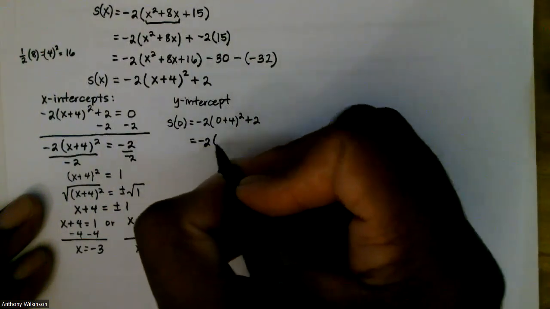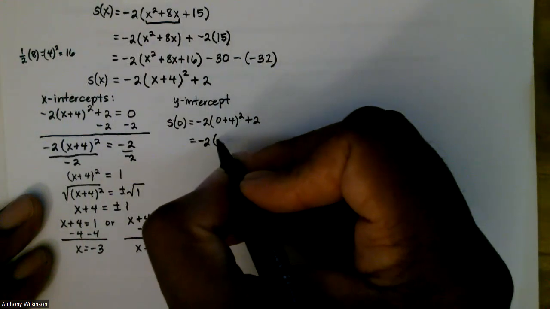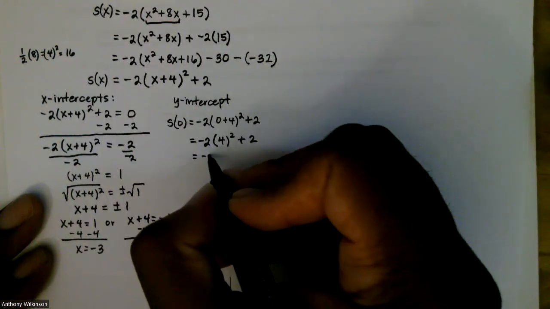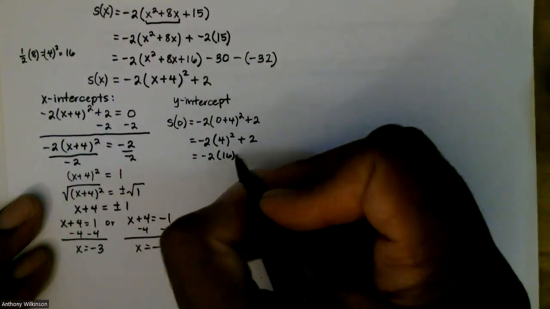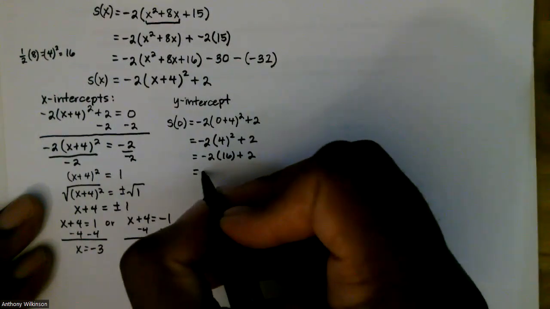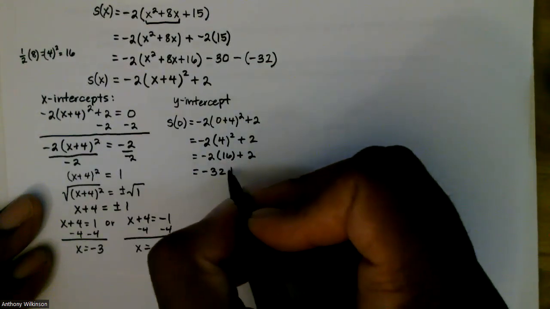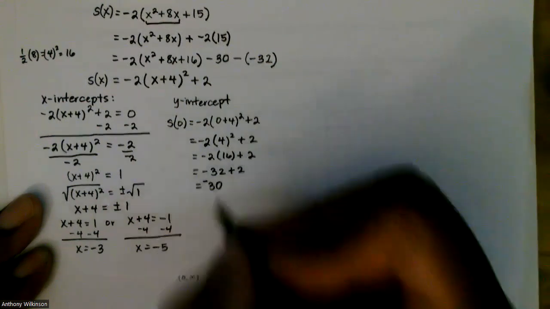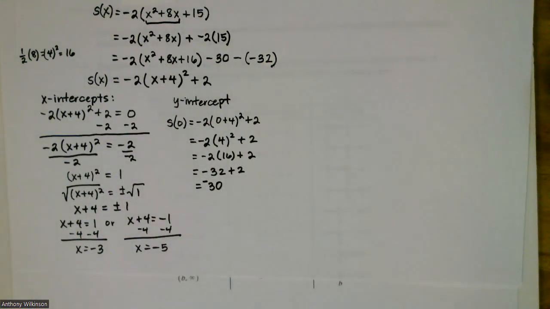That would mean 0 plus 4 is 4, squared, 4 squared is 16. -2 times 16 is -32. -32 plus 2 would be -30. So your y-intercept there would be -30.